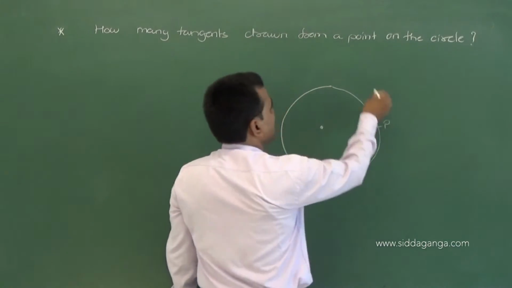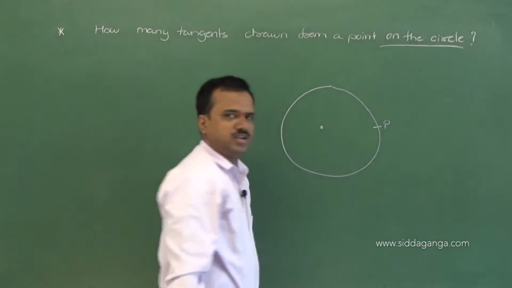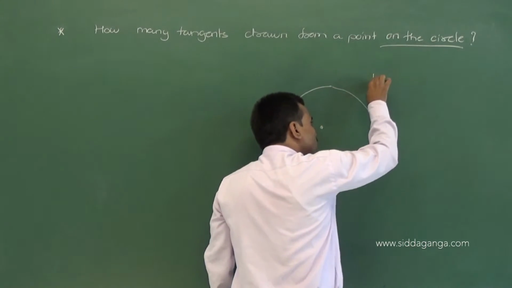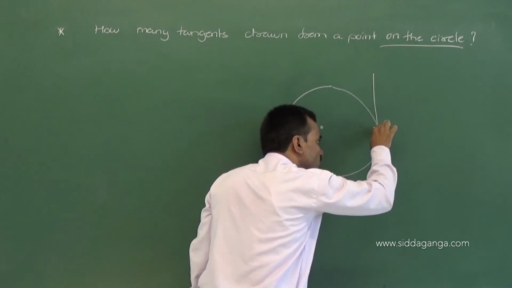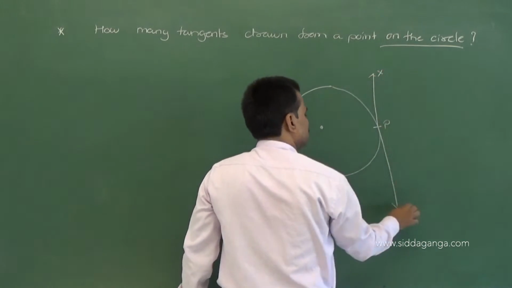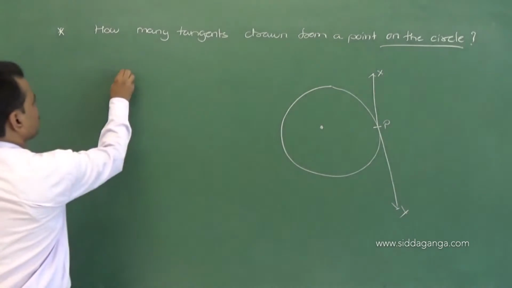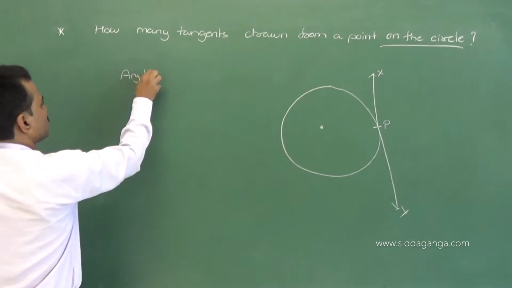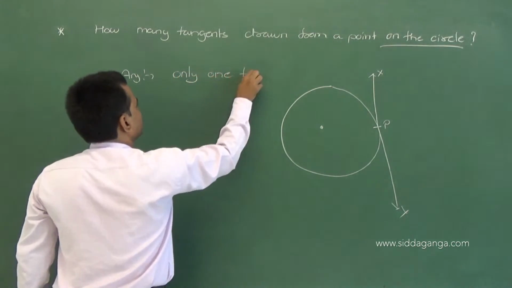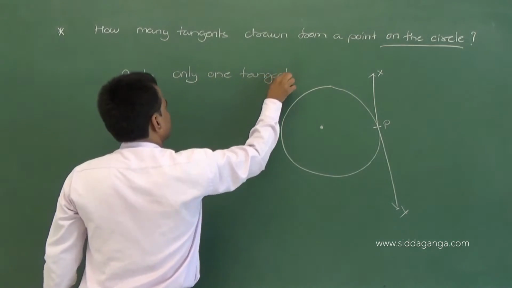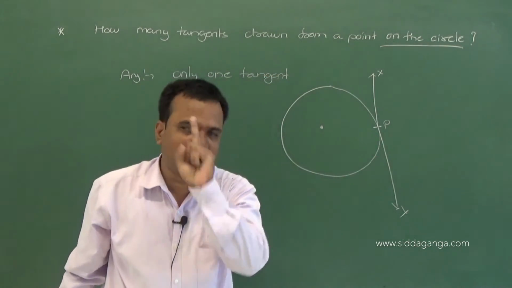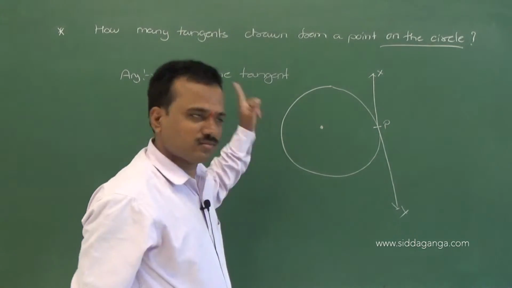This is a fixed point, say P. This point P lies on the circle. How many tangents? It is only one tangent. It is possible to draw only one tangent from a point P on the circle. So the answer is only one tangent. On the circle we draw only one tangent. Clear? Next question.